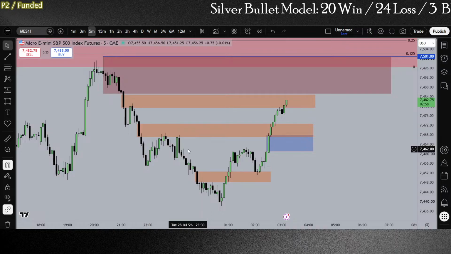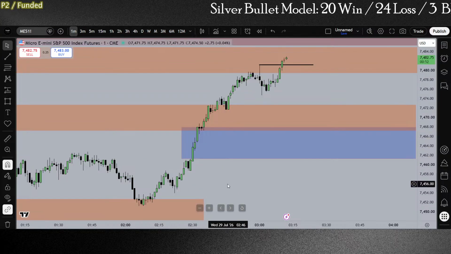Because so far the order flow looks very, very bullish on the 5 minute here. That might be interesting in here because we got a run on the short-term buy side. We formed some sell side liquidity here.